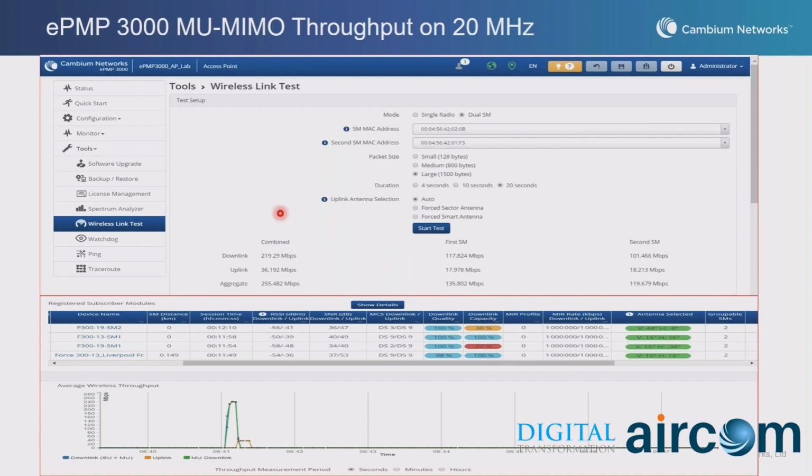If you also remember, I mentioned that the most likely cause of the doubling of throughput would be multi-user MIMO. So here, multi-user MIMO is in effect. You can see that we have two SMs communicating with the access point simultaneously, and those two SMs have generated a combined traffic of 200 Mbps. The green graph here shows that multi-user MIMO has been in effect on the download.